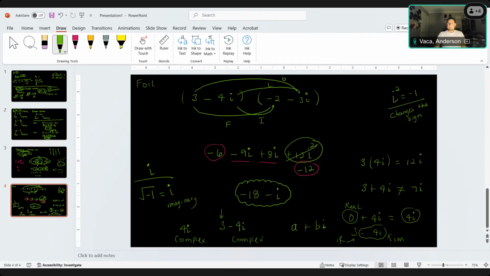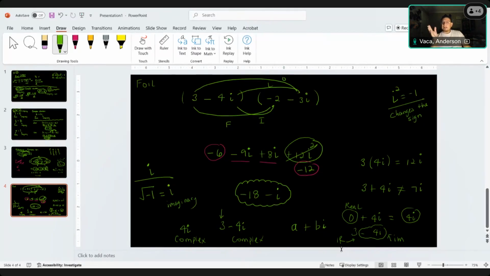Yes or no? Yes, okay, thank you, sounds good. So far, do we need another example on multiplying or maybe adding or subtracting complex numbers?